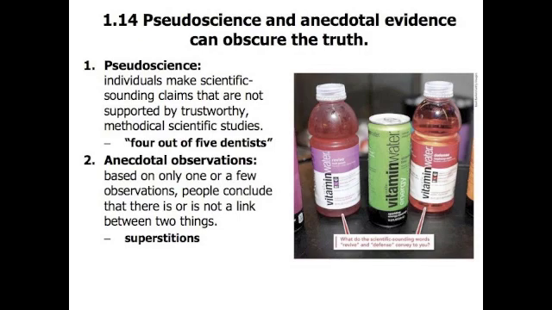One is pseudoscience, in which individuals make scientific-sounding claims that are not supported by trustworthy, methodical scientific studies. And there are also anecdotal observations, in which, based on just one or a few observations, people conclude that there is or is not a link between two things.